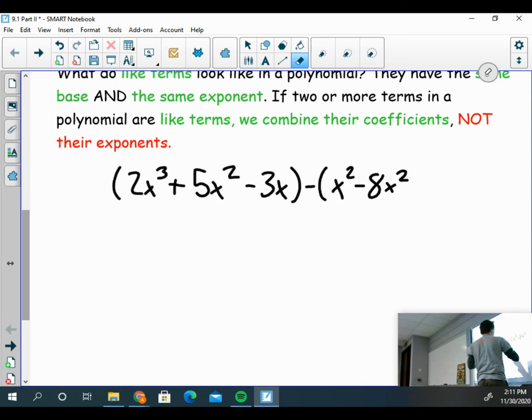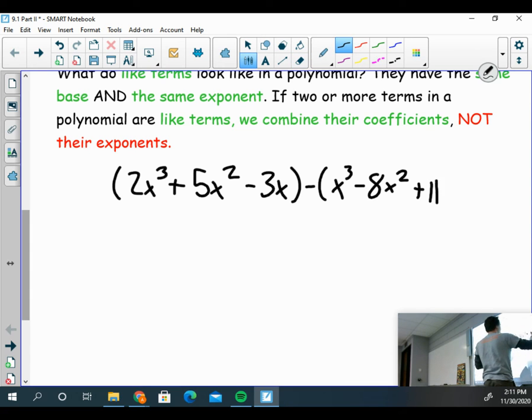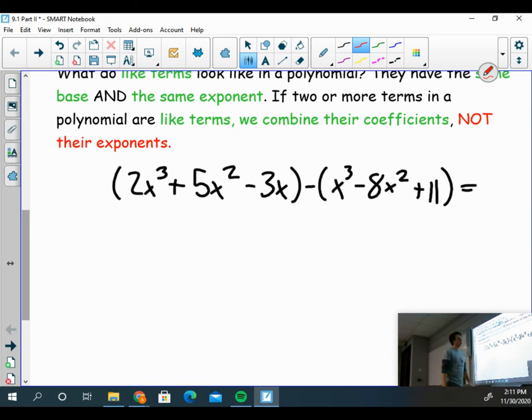Sorry, this is supposed to be x cubed plus 11. And we want to simplify this. Well, I'm betting what you're already doing at this point is eyeballing the like terms that are present. But let me pause you before you do that.